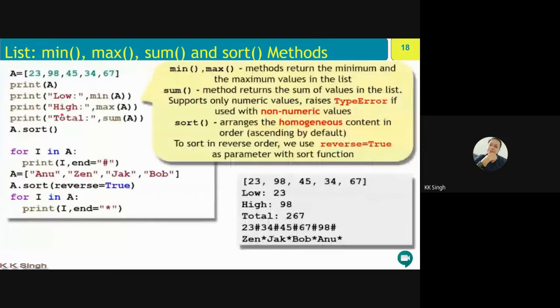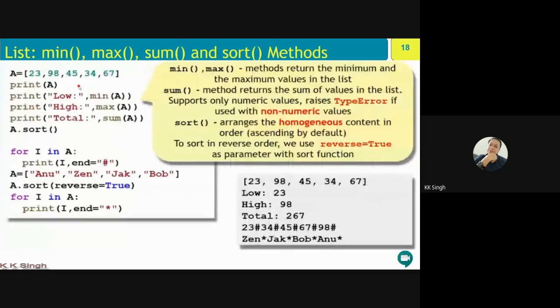And the highest value is 98, so it will print 98. When I say sum of A, it means you want to add all the elements of the list and print the sum of all the elements.